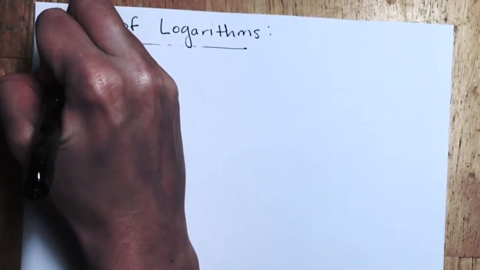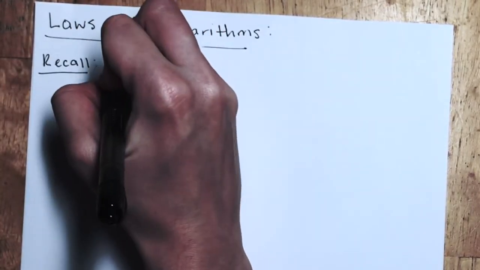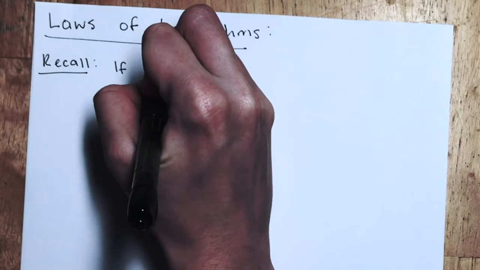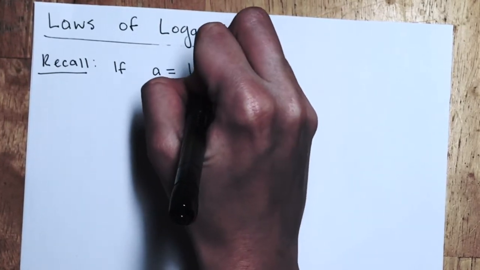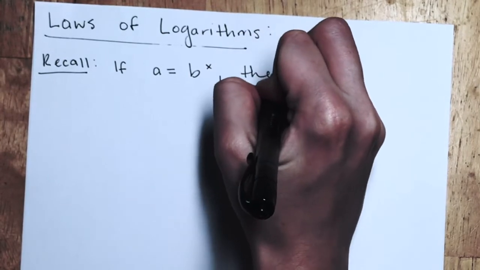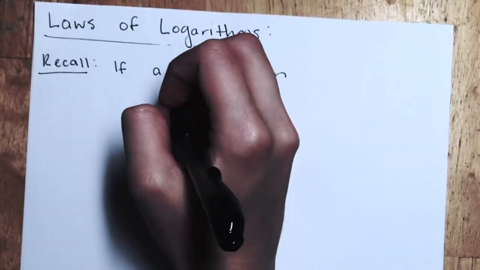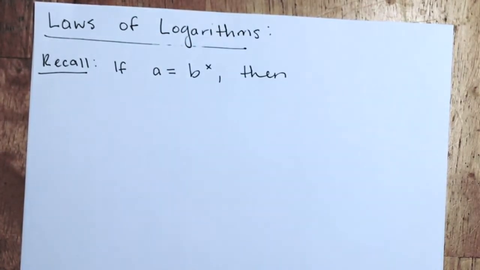So recall, if we have a equals b to the x, then what does that mean for log? The whole point was that logarithms and exponential functions are inverses of each other.